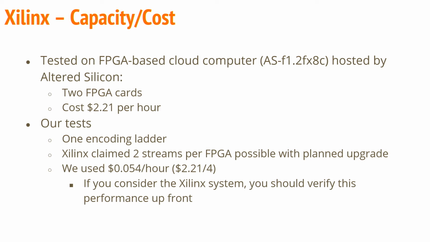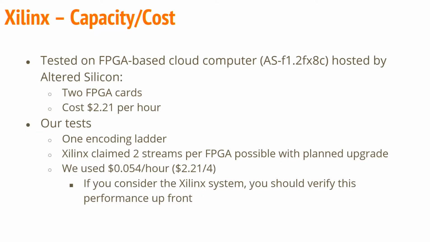After the acquisition, we just had trouble getting this confirmed. So if I was going to look at the NGCodec, now Xilinx solution, I would confirm these performance claims. I was only going to get one encoding ladder per entire device. They say you should be able to get 2 per FPGA, and since the device has 2 FPGAs, you should be able to get 4 per card. But I wasn't able to confirm that.